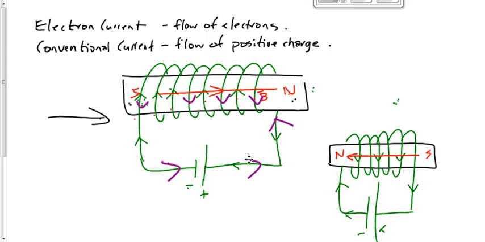That makes sense? So it's okay to use electron current, and it's okay to use conventional current. But I understand if you're using conventional current, you'll get the same answer. Just make sure you use your right hand for that. Just be consistent. Using electron current, great, left hand. Conventional current, fine. Even though it's not really the way it goes, it still works. Just make sure you use your right hand for it.